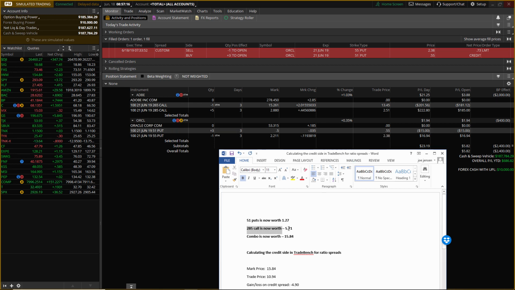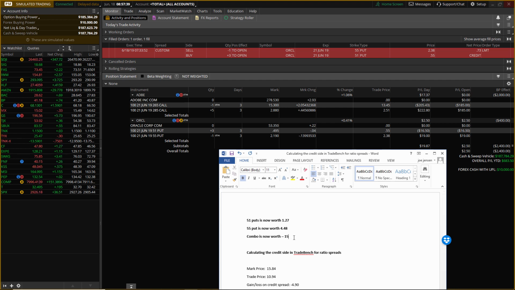The 55 put is now worth, and I didn't do it plural there, but I think you can figure it out. That was at $2.38. Now I've got to add 2.10 to it, which is $4.48.